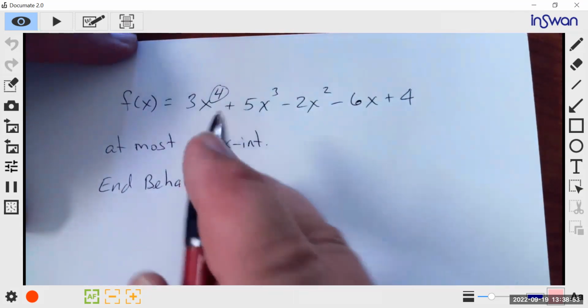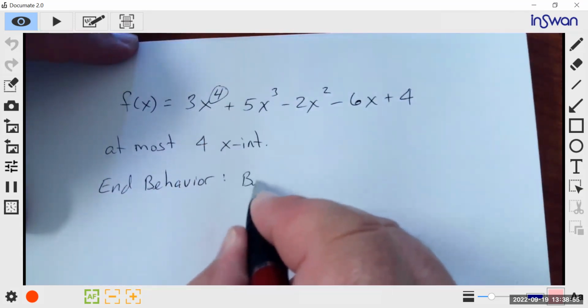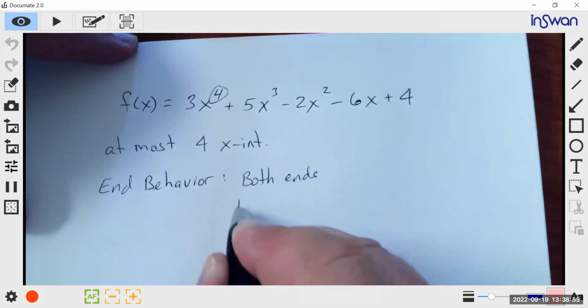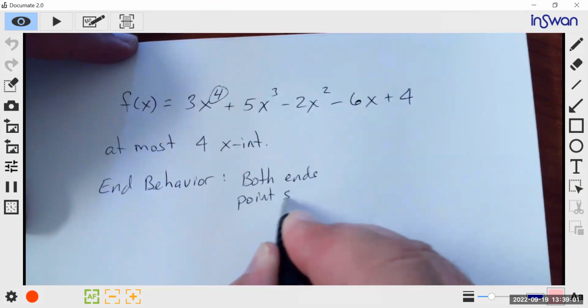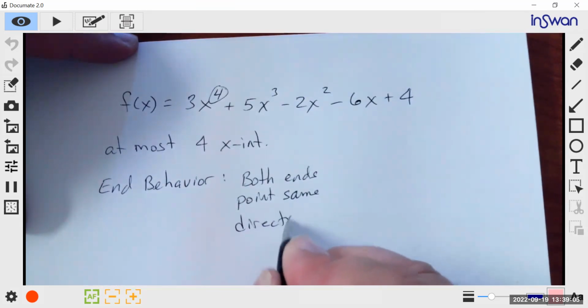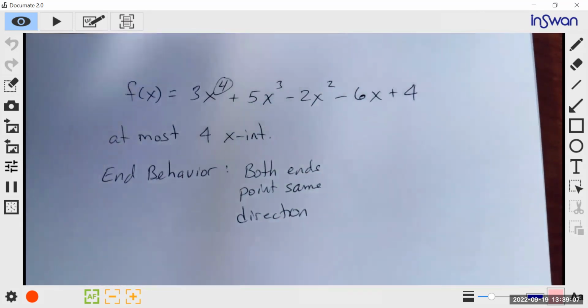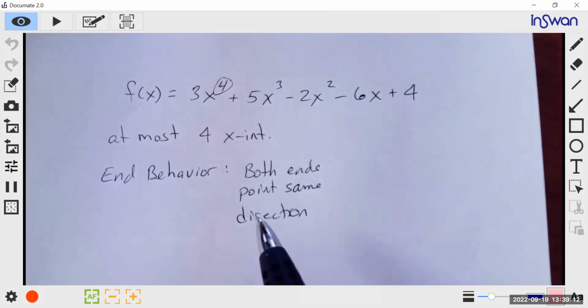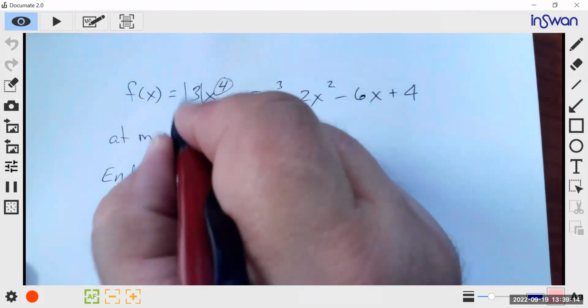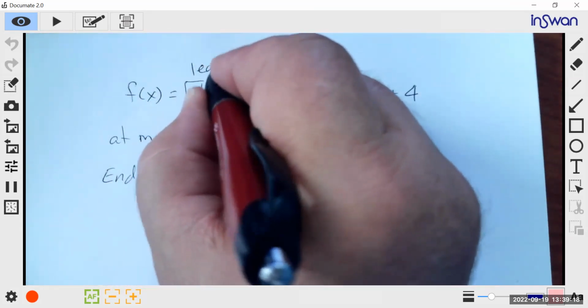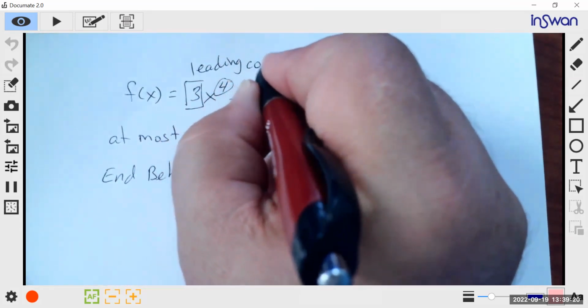Since it's even, both ends point the same direction. Now, that's all the exponent tells us. It tells us that both ends point the same direction. Whether it's up or down depends on this number. It's called the leading coefficient.